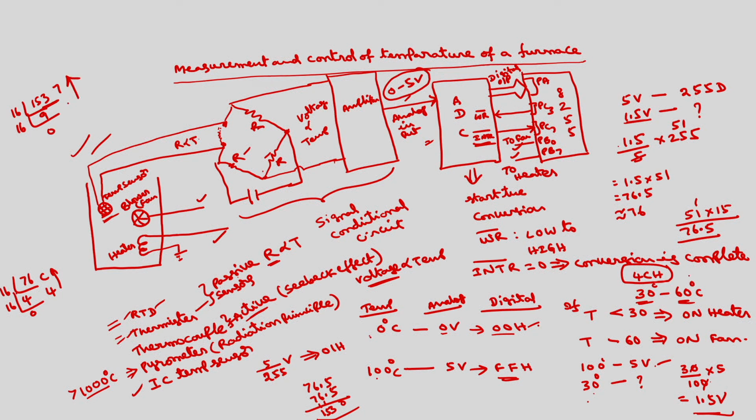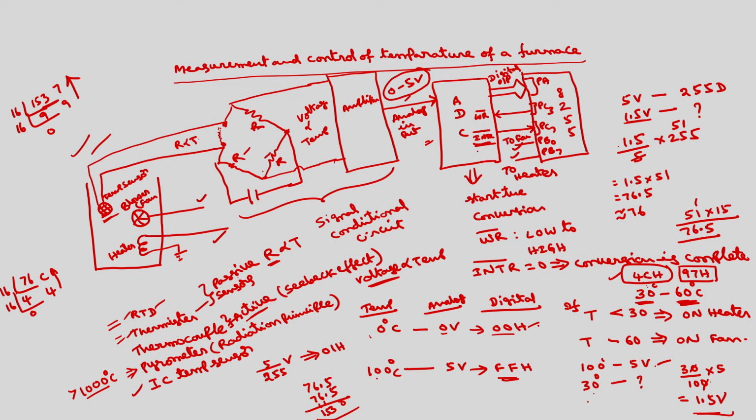So these two values are important. 4CH corresponds to 30 degrees, and 97H corresponds to 60 degrees. Whenever the temperature is less than 30 degrees, meaning the digital equivalent is below 4C, you have to turn on the heater.